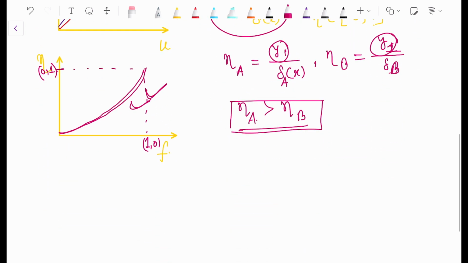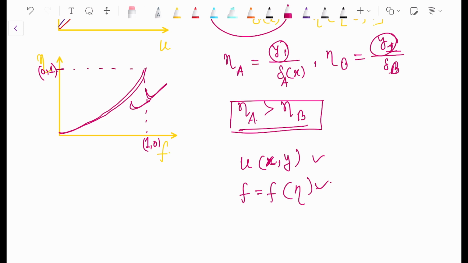Another thing is, u is a function of both x and y. But if I consider f to be only a function of eta, then the boundary layer equations, which had u as the dependent variable, are PDEs, partial differential equations, since u is a function of both x and y. But if I can represent f as a function of eta, then I will have an ODE as my boundary layer equation.